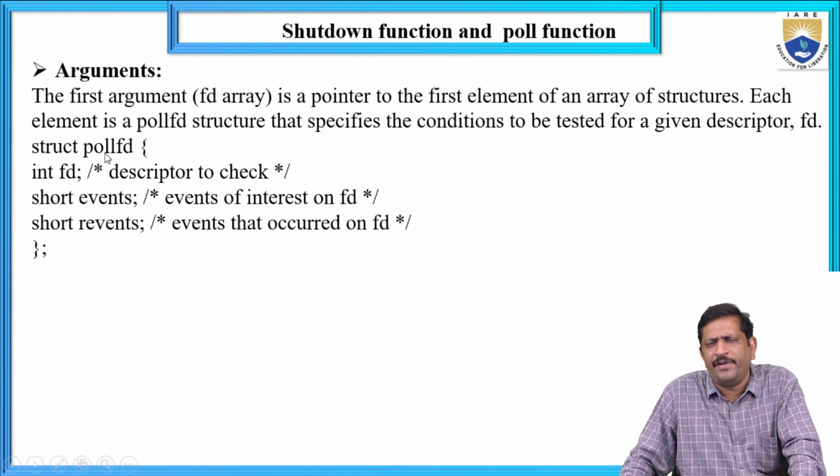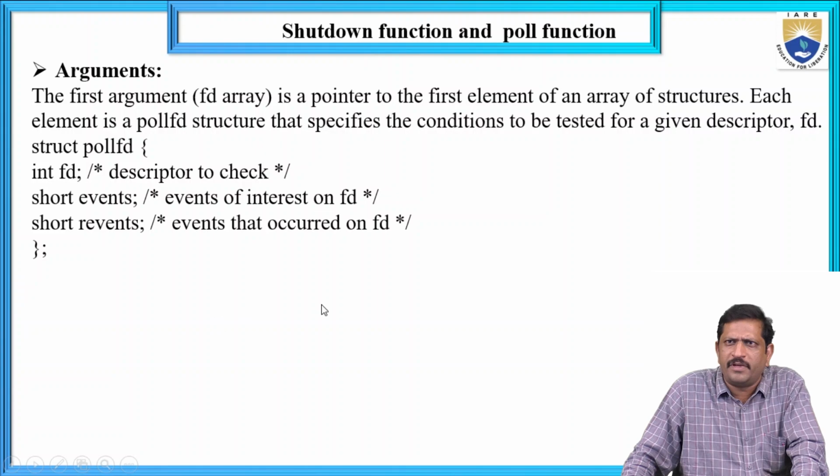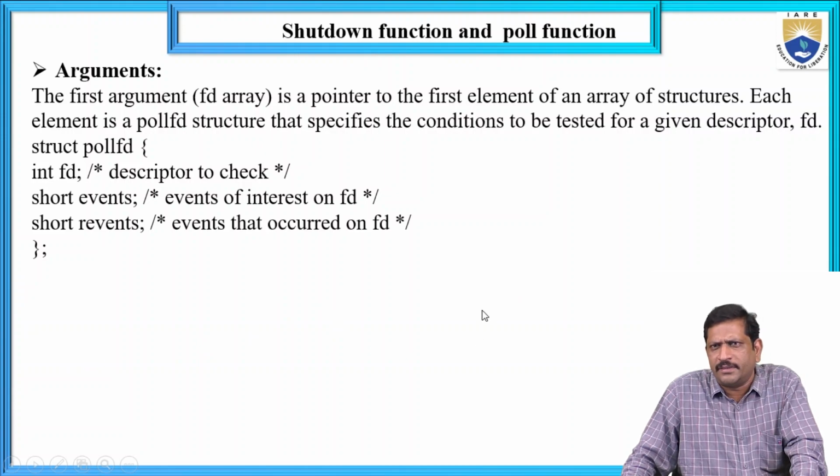That means pollfd is a particular specified file descriptor that can be selected among secondary devices, supporting data transmission from the primary device to the secondary device.